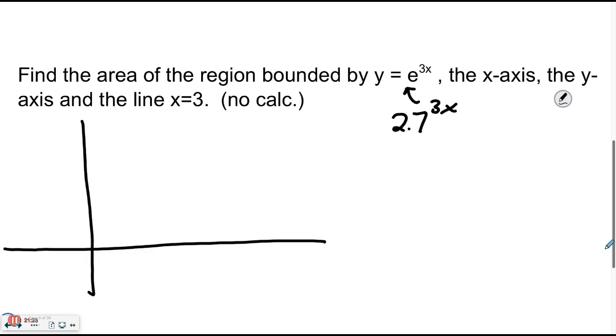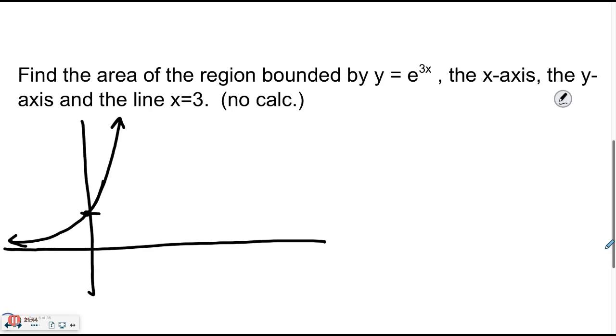When x is 0, it would be up at 1, and then it's going to grow exponentially. As x goes negative, it's going to be 1 over. So it's an exponential growth curve with a base of e, and it's being really stretched out, as you learned in pre-calculus, because of that 3.